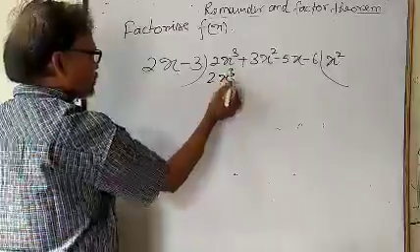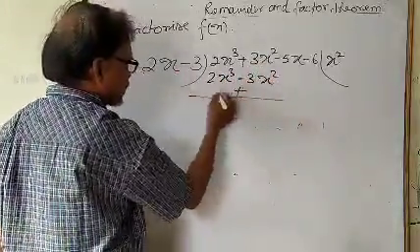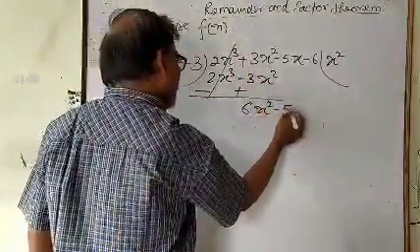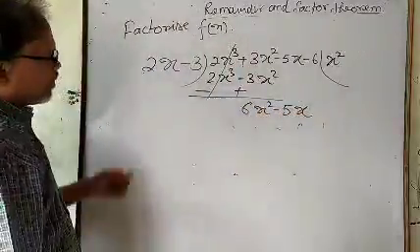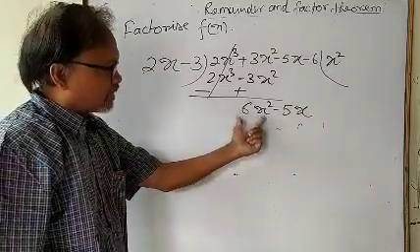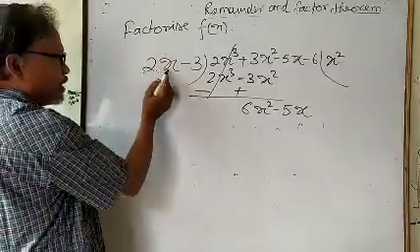So the first term 2x cube, x square into minus 3 gives minus 3x square, and then subtract. This is cancelled. 6x square minus 5x. Then again, by which number do you multiply this 2x to get 6x square? So multiply this 2x by 3x.